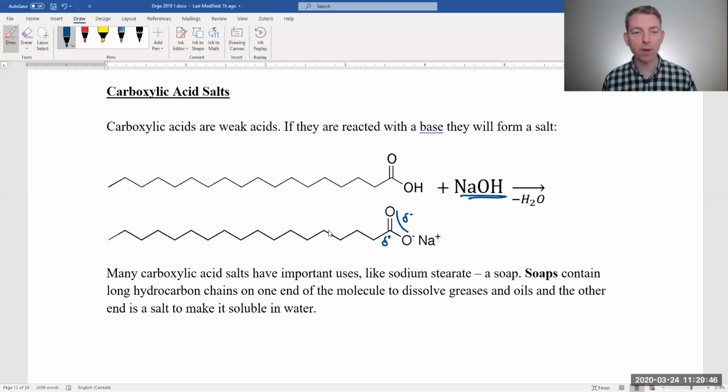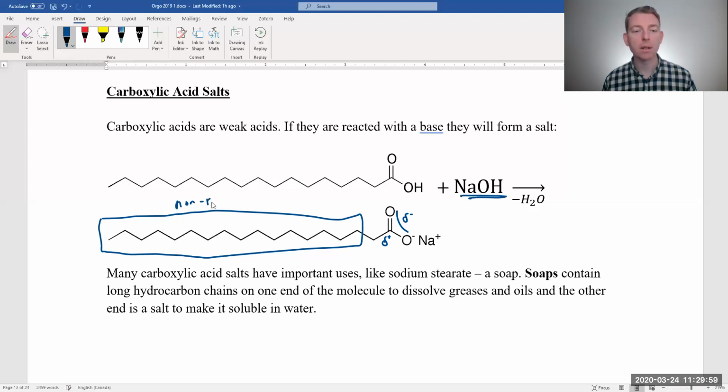So what does that mean? If we have a carboxylic acid, it can have a very long carbon chain, and this is nonpolar in its entirety, right? You can see it looks more like oil and gas. It's not going to mix very well with water.